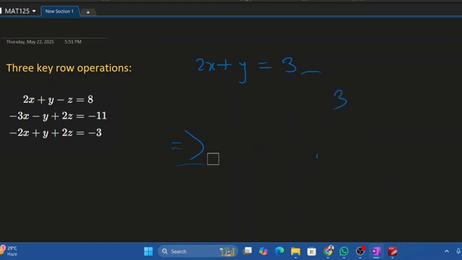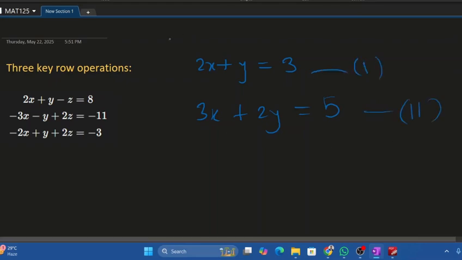Okay, got it, right? Then we can also do another thing. If we have another equation, for example, 3x plus 2y equals 5, then in this case we have two equations. We know how to do substitution, we know how to do elimination. So if this is equation 1 and this is equation 2, we could add them both, right?